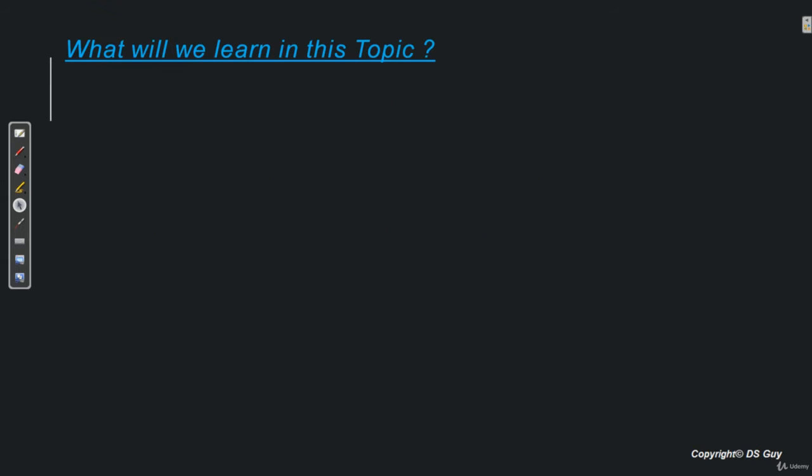So before we start learning the sorting chapter, let's see on a very high level what are the things that we are going to learn. So first we'll see what is sorting, then we'll see how many types of sorting are there. Then we'll see some terminologies around the sorting area, and then we'll see why do we need to learn so many sorting techniques.